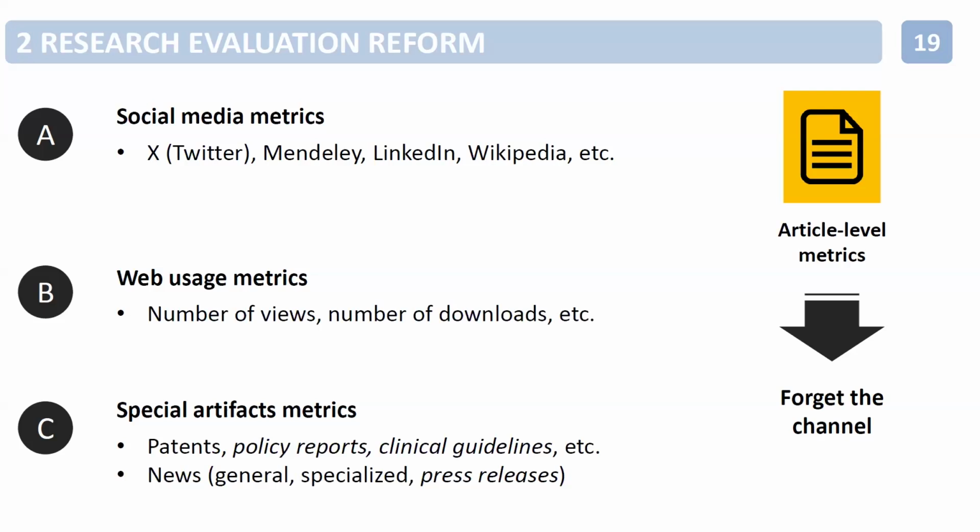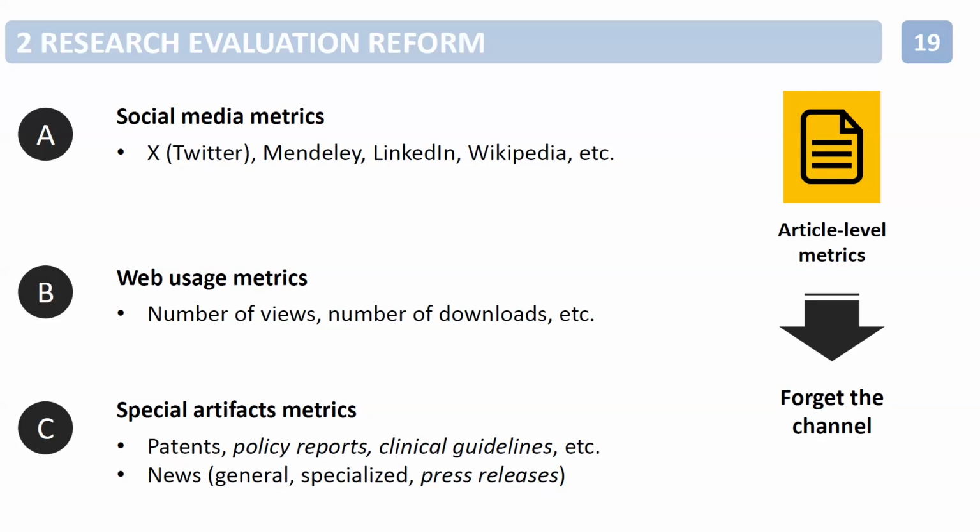Second point, probably more problematic, the use of alternative metrics. And that's not necessarily related to quality. This is not the point. The point is that applicants should demonstrate that the article has a specific reception by the community or by society, not necessarily related to research impact.